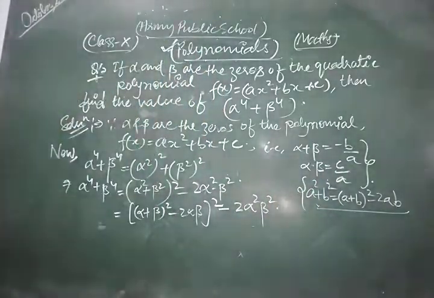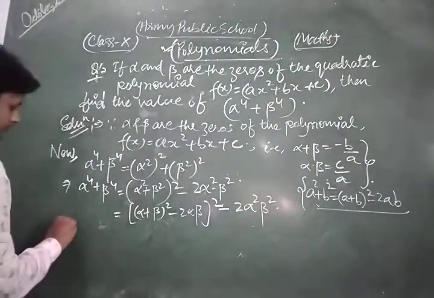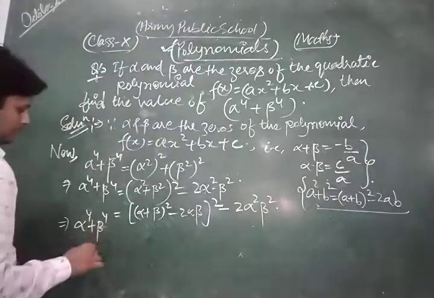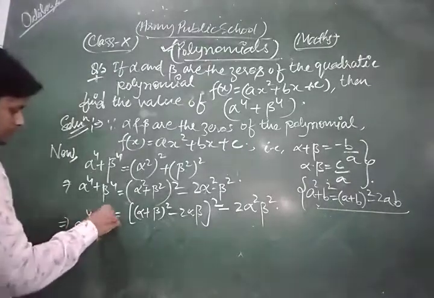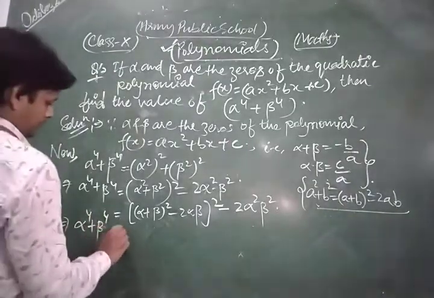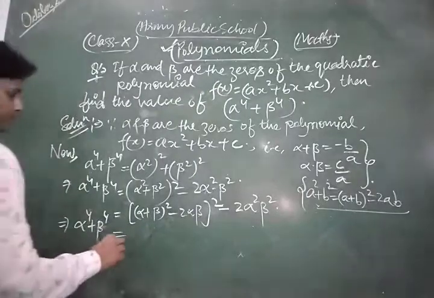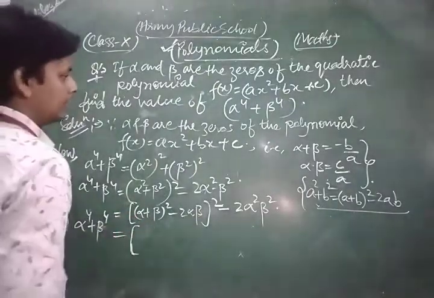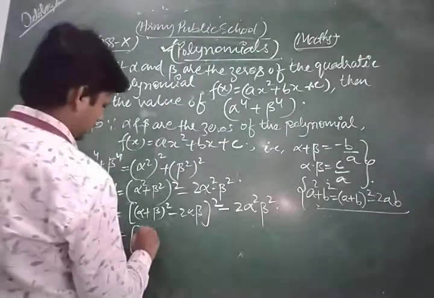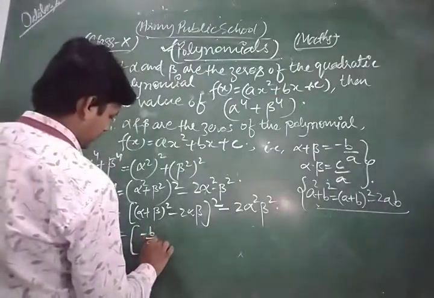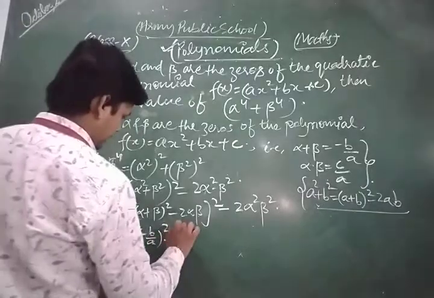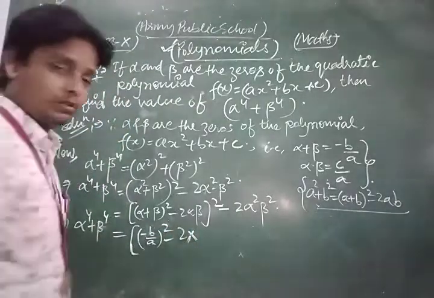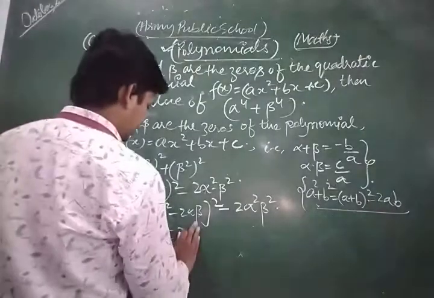Now here we put the values: alpha plus beta is minus b by a, minus 2 into alpha beta, and the value of alpha beta is c by a.